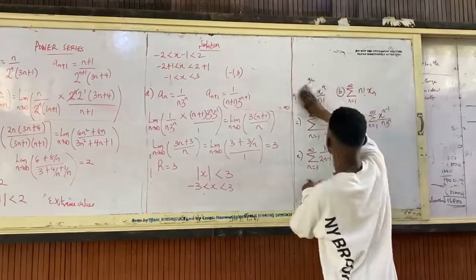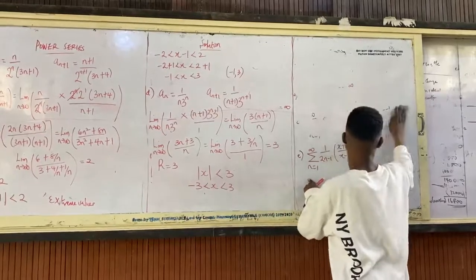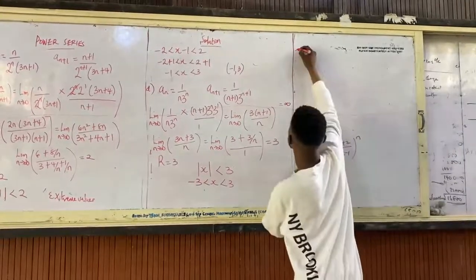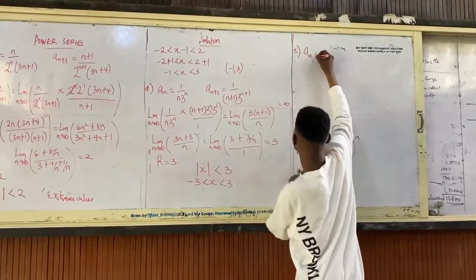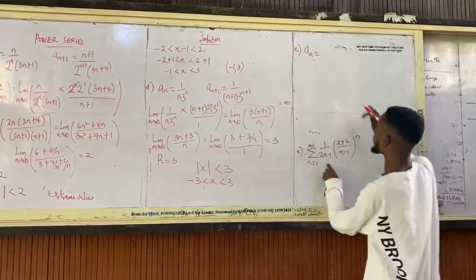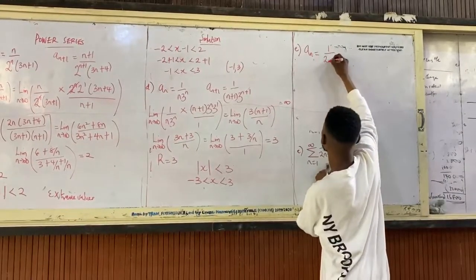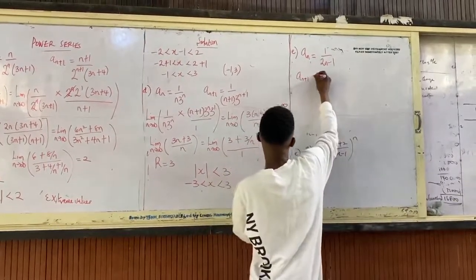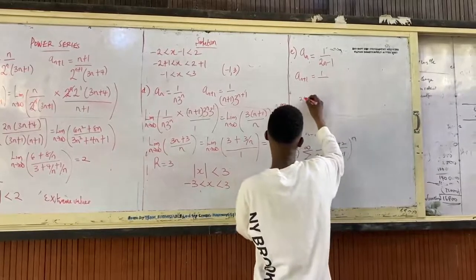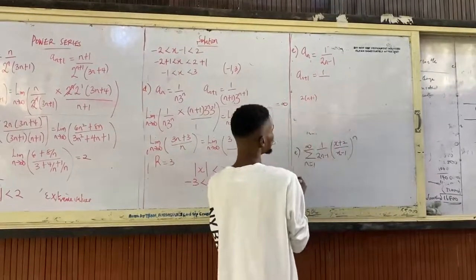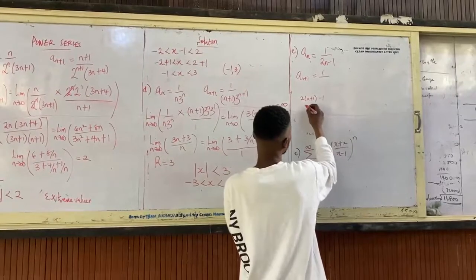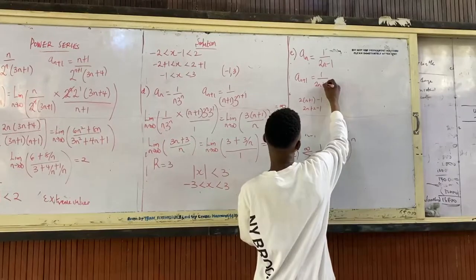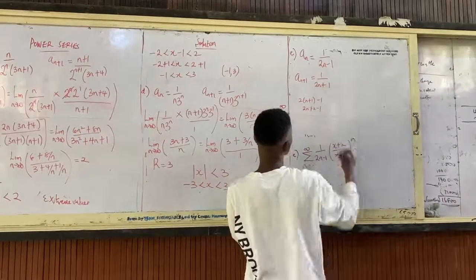Now the last one here, let a_n be 1 over 2n minus 1. Then our a_(n+1) becomes 1 over 2(n plus 1) minus 1. That's 2n plus 2 minus 1, that's 2n plus 1.